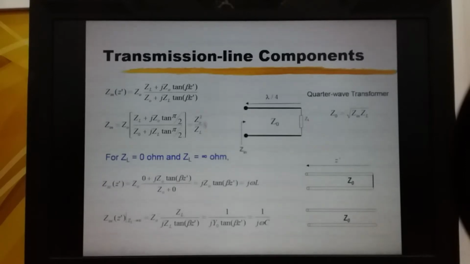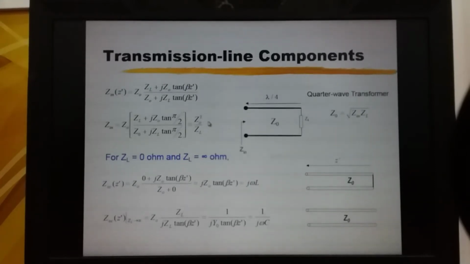Different value of Z0 will give us different value of Zin. Therefore, we can do step up or step down of the impedance. In the design of a quarter wave transformer, we can use this formula which is the rearrangement of this formula here.